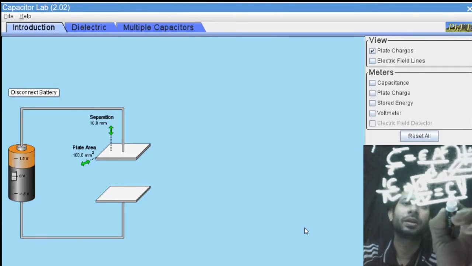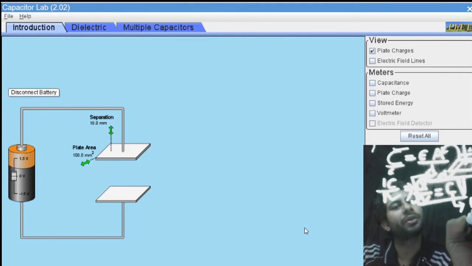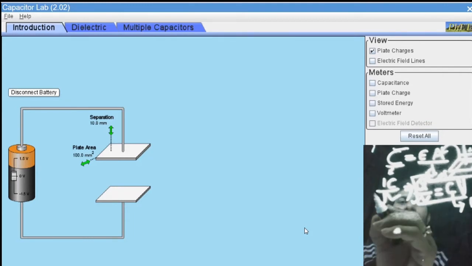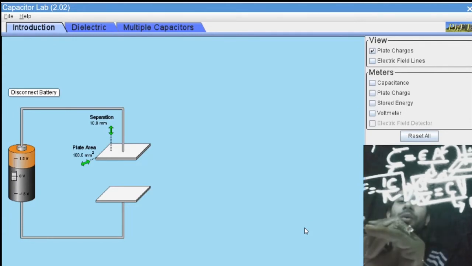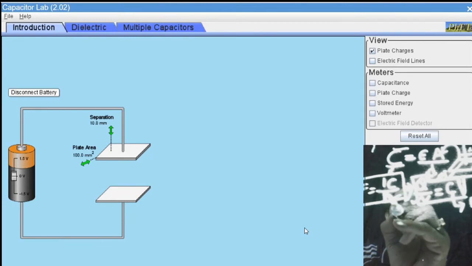That means this C is defined by the unit farad, that means 1 farad is equal to 1 coulomb per volt.